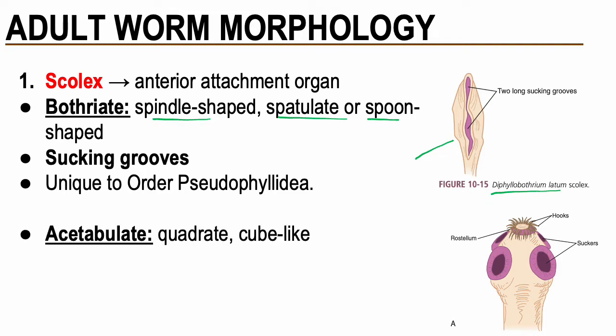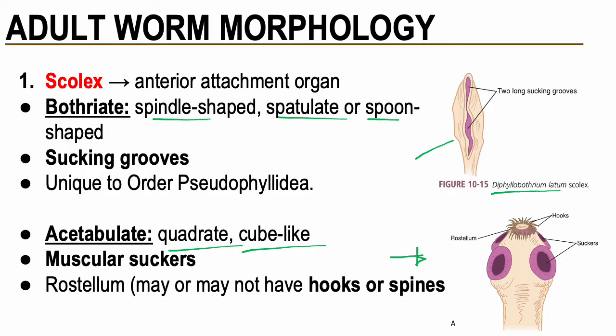Next one is acetabulate. Compared to your botryoid, acetabulate scolex are quadrate and cube-like, just like here on this picture. Their attachment structure is what we call the muscular suckers, and they usually range from 1 to 4 depending on the species involved.